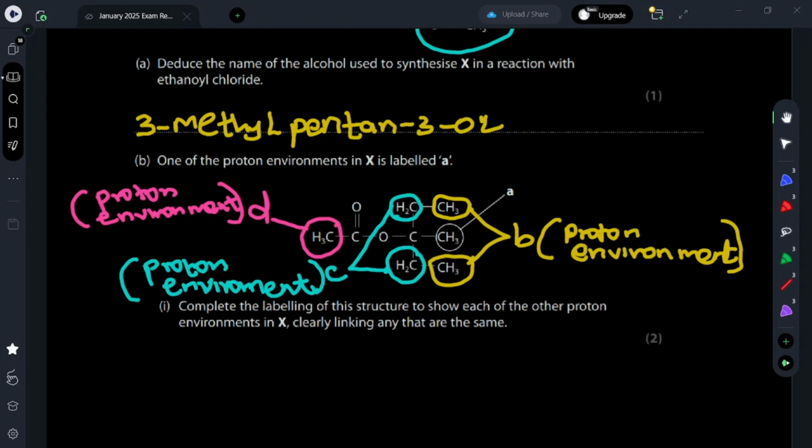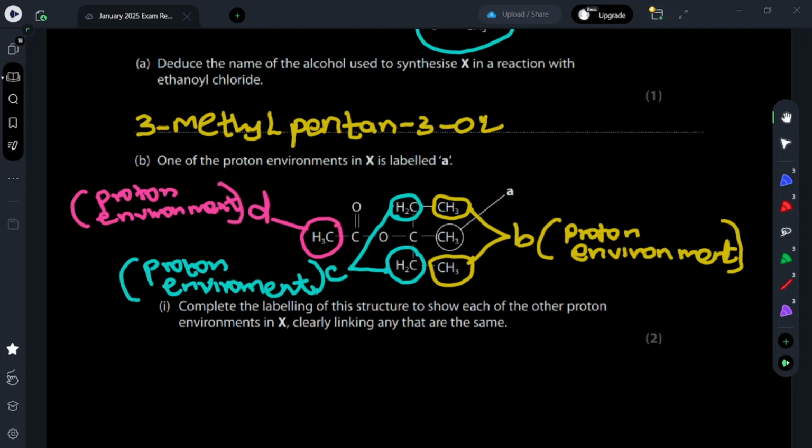So we're supposed to look at the proton environment. That is the hydrogen environment where we have the hydrogen atoms according to the carbon. So we have the first one, A, which has been given to us.